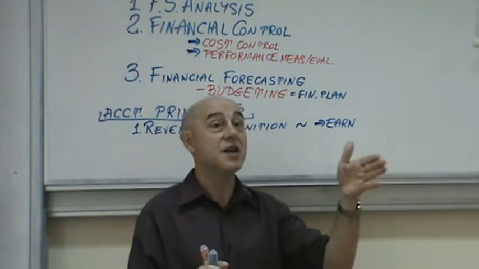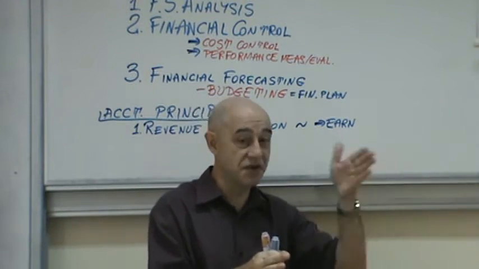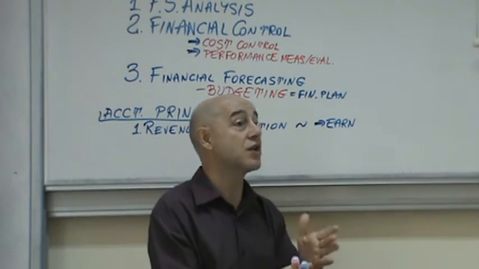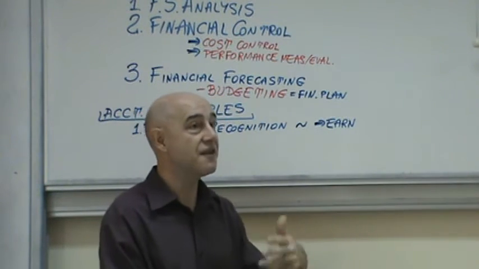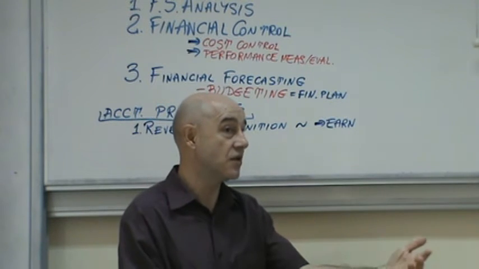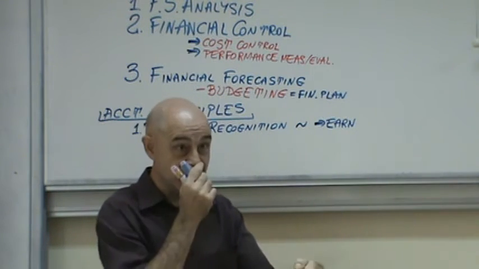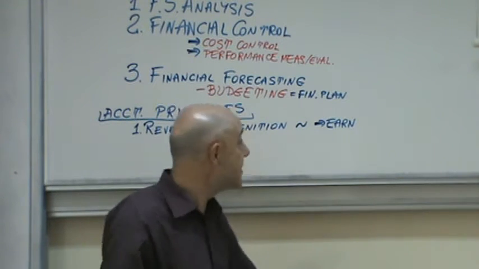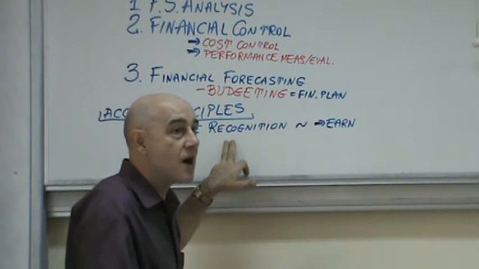Now, if you've got a period of time, let's say the service goes over 4 months, at the end of the first month, we can recognize 25% of the revenue because only 25% of the semester was delivered, okay? Same thing applies for patients in a hospital.